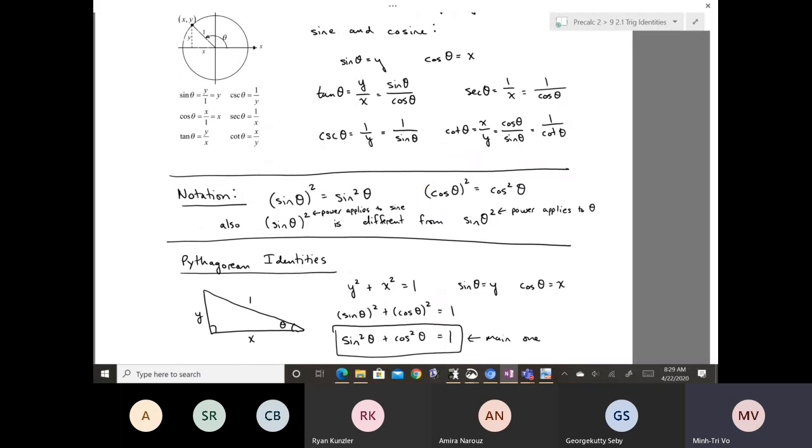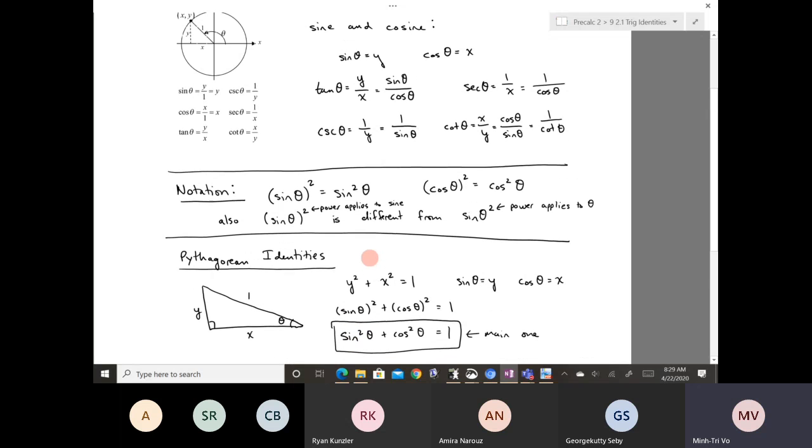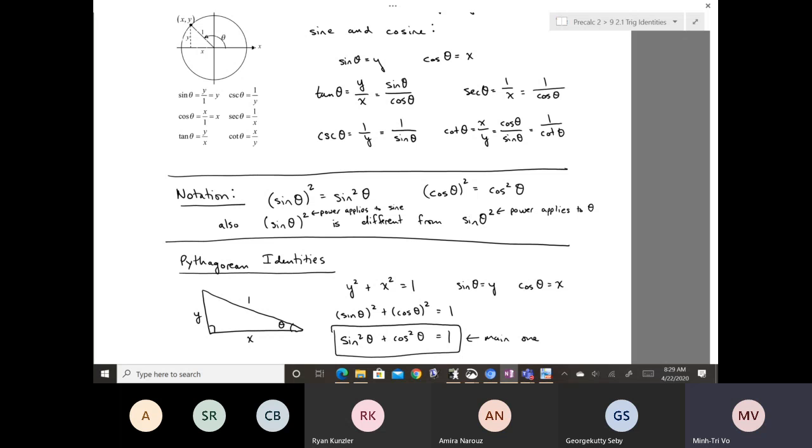One thing about notation: when we get to the Pythagorean identities, you can see that we start to have powers of the trig functions. Here you have sine squared, but you want to be very careful about how you think of the powers.